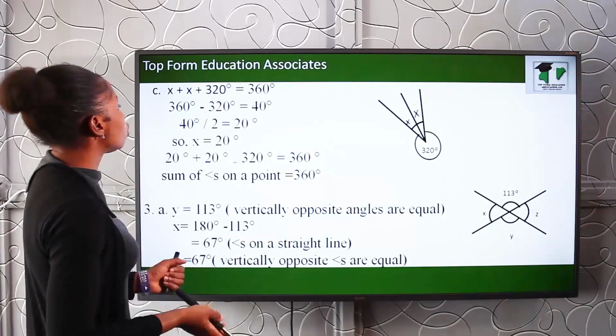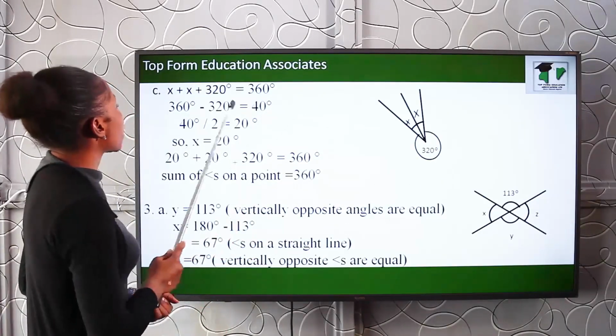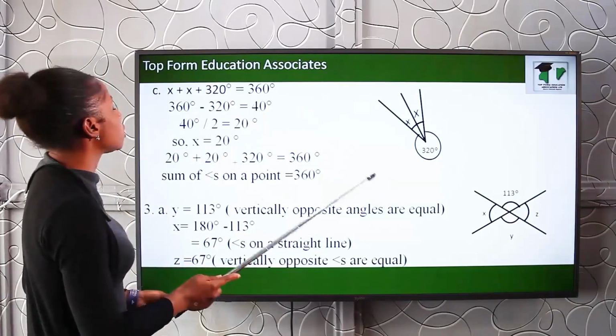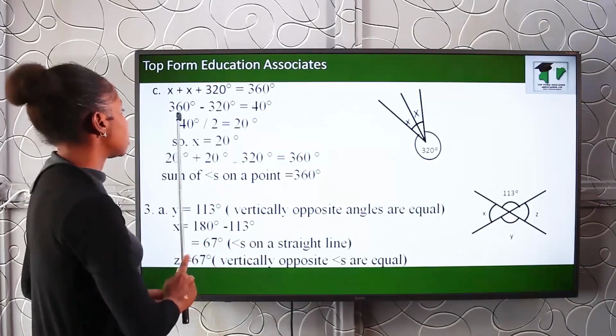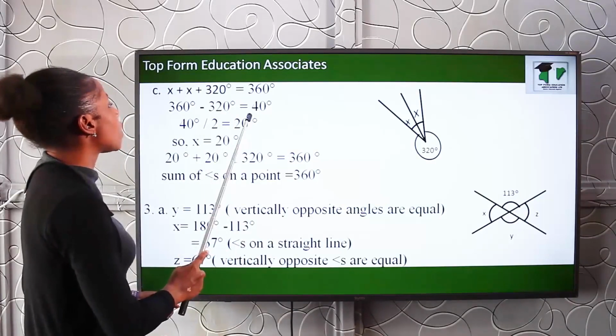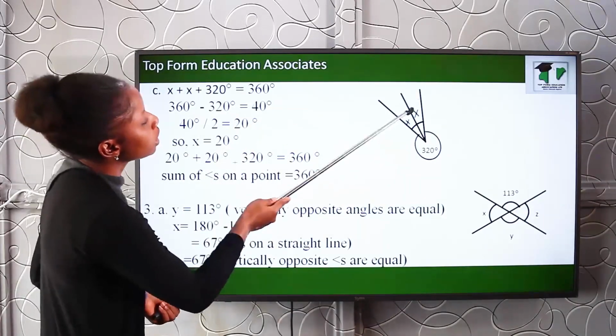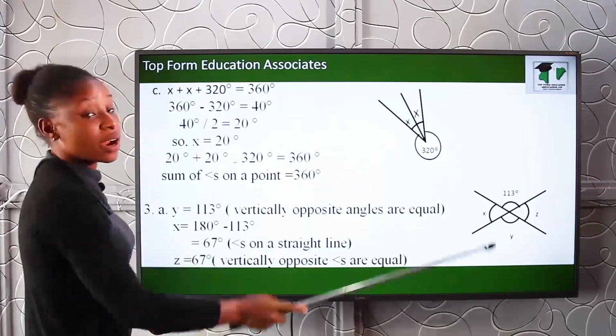So we are going to subtract 320 from 360. When we get that, we have 40 degrees. If you look closely at this diagram, you will see that x and x are equal.